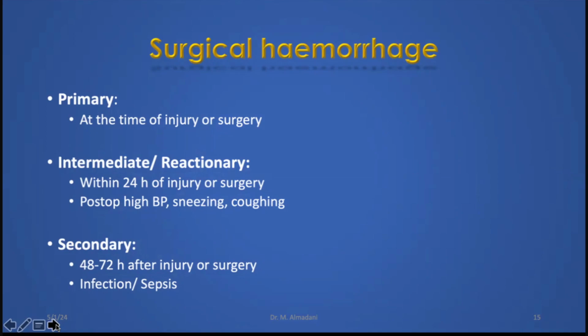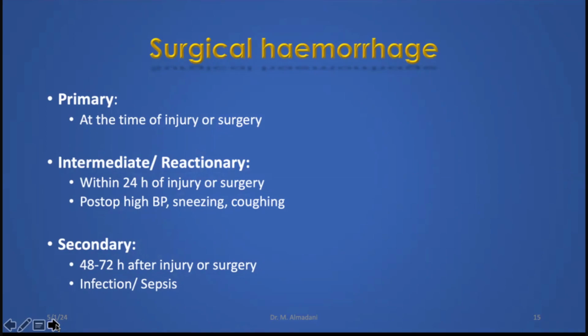We need to secure the hemostasis, stop bleeding before we close the wound. This is the general principle. No one will argue with you about it. All surgeons should ensure or secure the hemostasis before closing the wound.